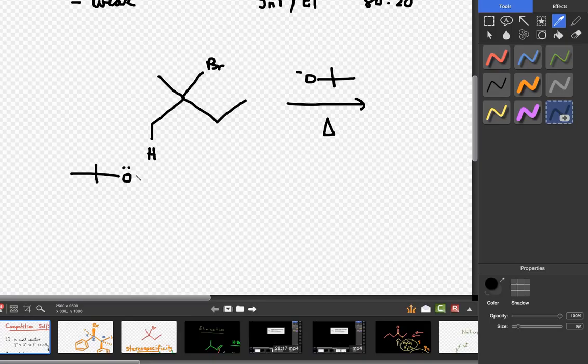And this product is not called the Zaitsev product, it's called the Hofmann product. So I'll get a more external double bond than if I were to use something like methoxide.